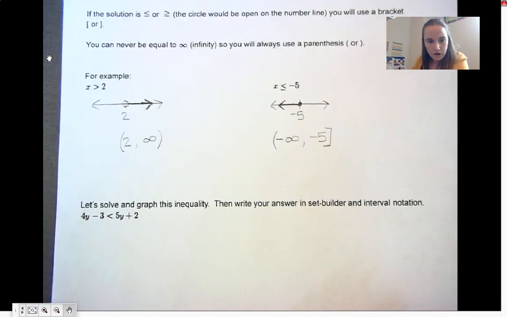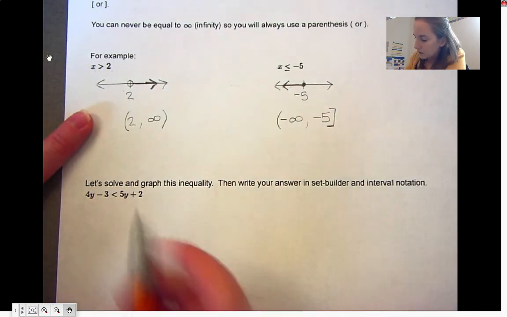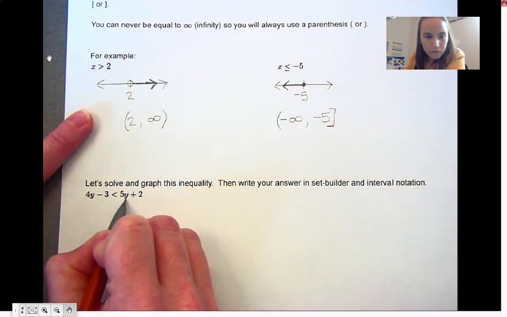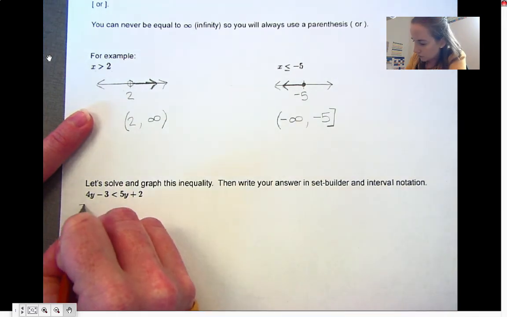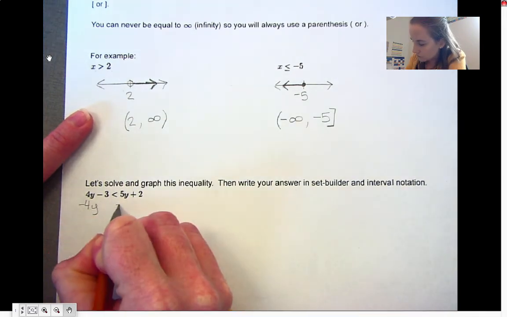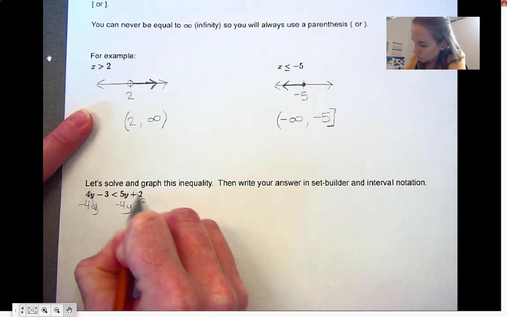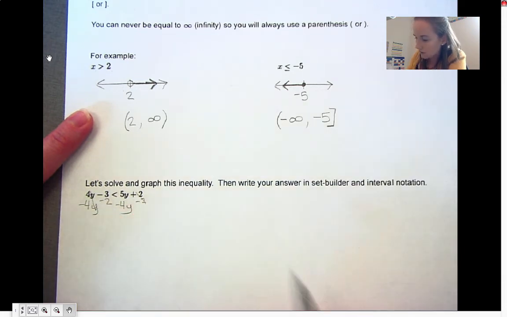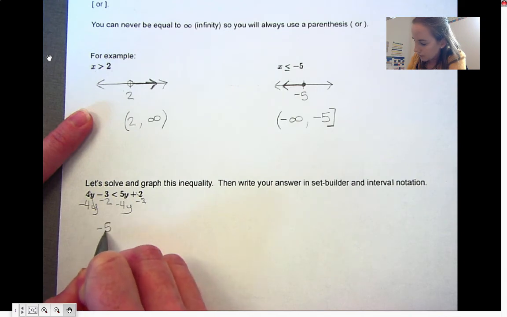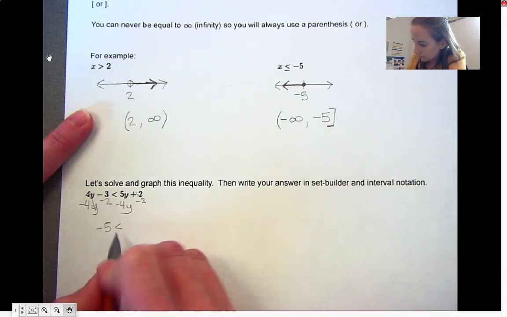Okay, let's try this last one. I'm going to move the 4 over so I don't create any negatives. So I'm going to combine my like terms. And then I'm going to bring the 2 over here by subtracting. So I have -5 is less than y.